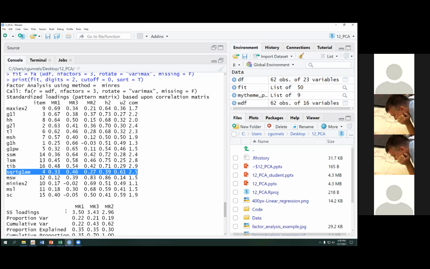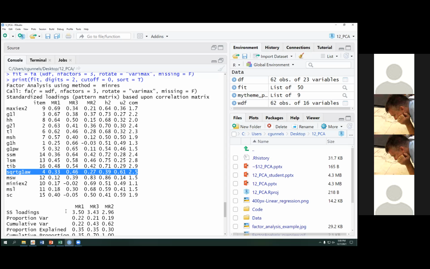Ideally, we want each of the measured variables not to load on more than 1 factor. And we definitely do not want one variable as the only variable to load on a factor, because then it just doesn't give you as clear a story to explain what that variable is doing and what it's contributing to. But that's why I'm also saying ideally. That's not a black and white rule.